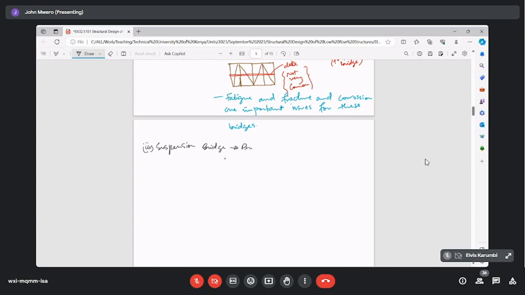The bridge deck is suspended on cables. Closer home here is the Masalani suspension bridge.